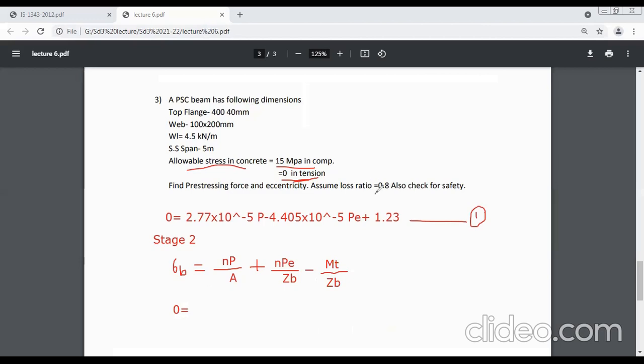So it is mentioned in the example, that is 0.8, into P divided by the cross-sectional area. How much is the cross-sectional area? It is 36 into 10 raised to the power 3.